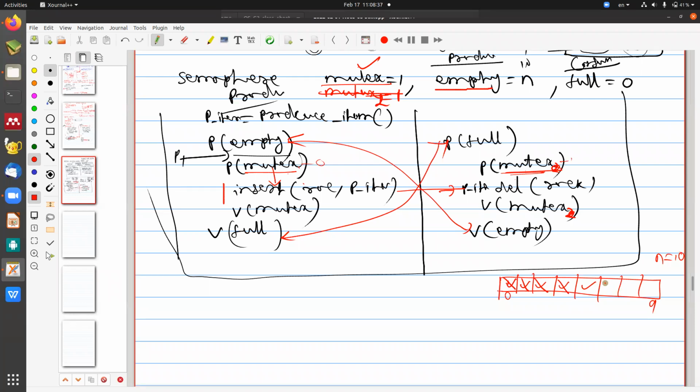Suppose 4 consumers have already consumed, which means on this side 4 rack spaces are empty. So when the next producer wants to keep an item, you cannot say that you don't have space. Rather, the producer has to keep it circularly, which means we have to maintain a circular queue.